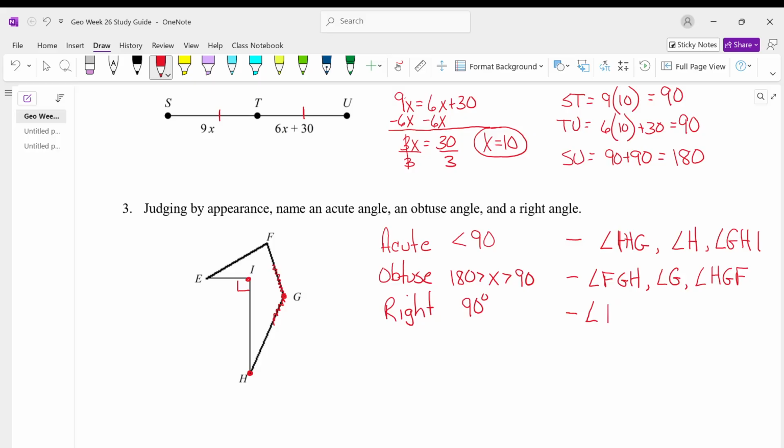Angle I. What's another name for that angle? EIH. And a third name. HIE, good.